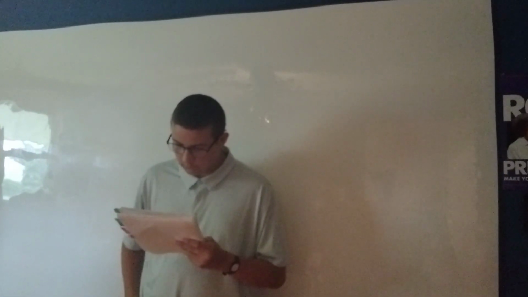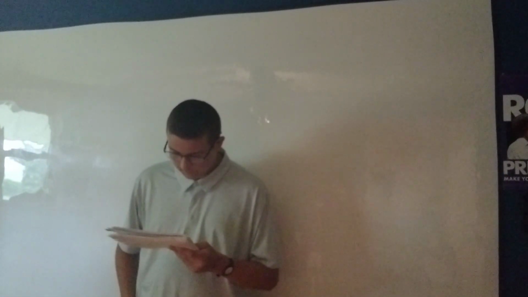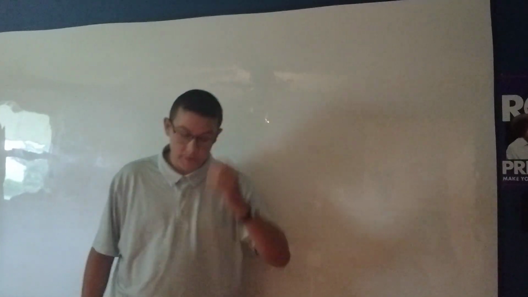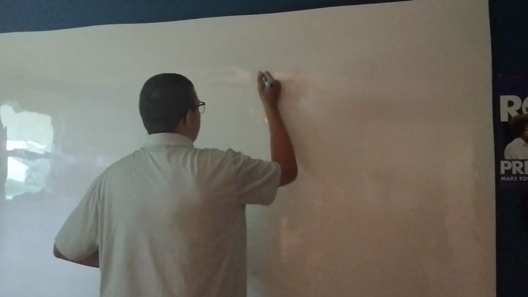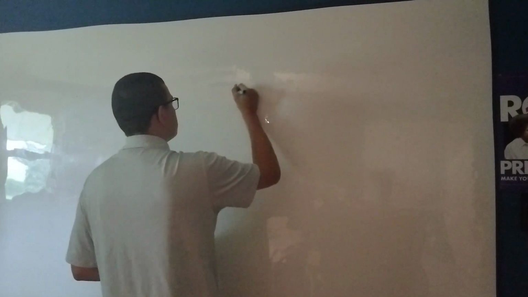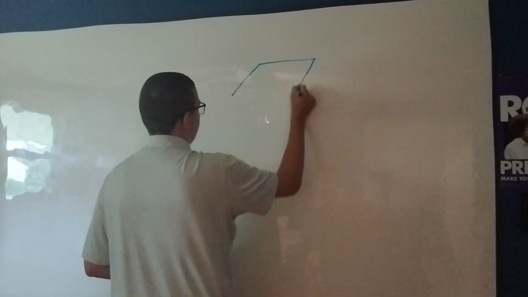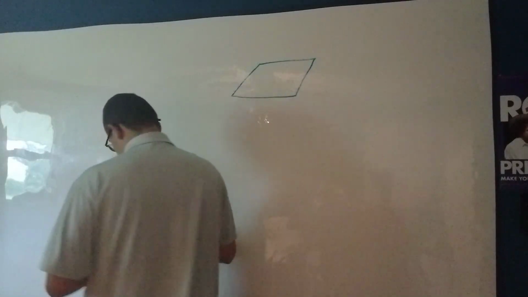Let's see. Yep, so now moving on to the exterior angles. So the exterior angles of any shape, and what we mean by exterior angles is if we have a shape, I'll just do, I don't know, a parallelogram, just choose something, right?